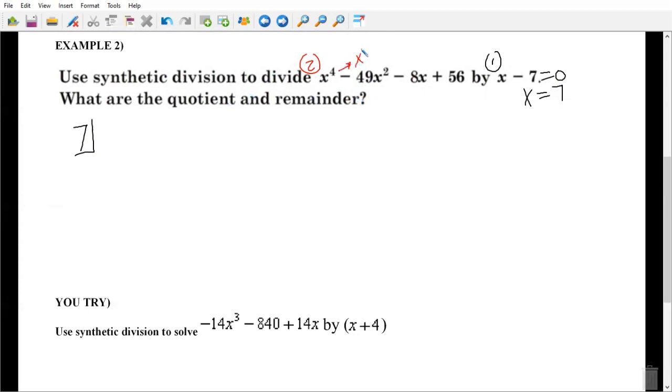It's missing x to the 3rd. And yesterday when we talked about long division, when something is missing, what do we put in its place? 0. So when we list this out, we're going to have 1, but then we also have to put 0 for x cubed, negative 49 for x squared, negative 8 for x, and our constant is 56.